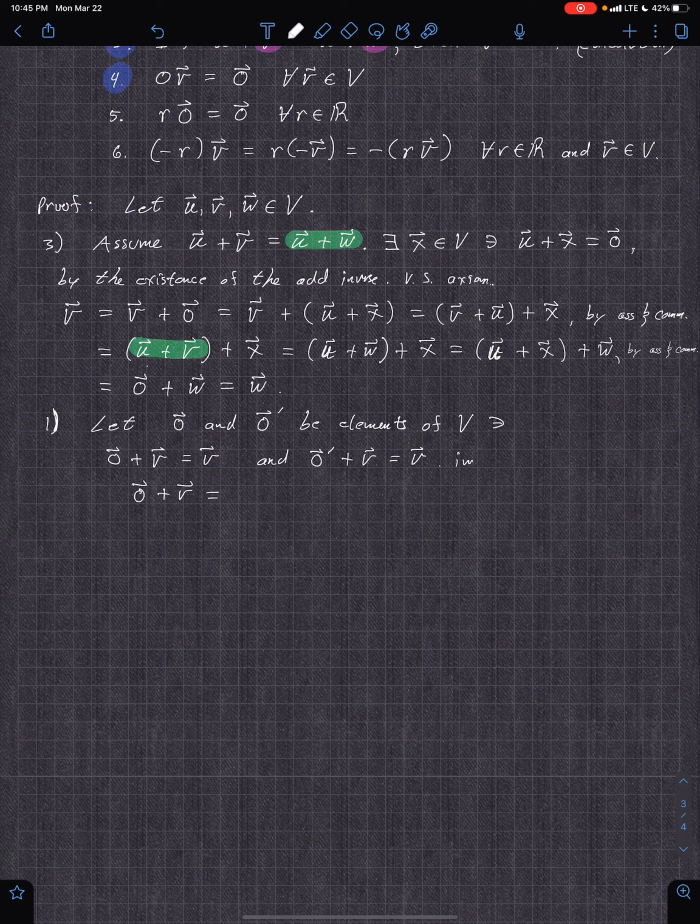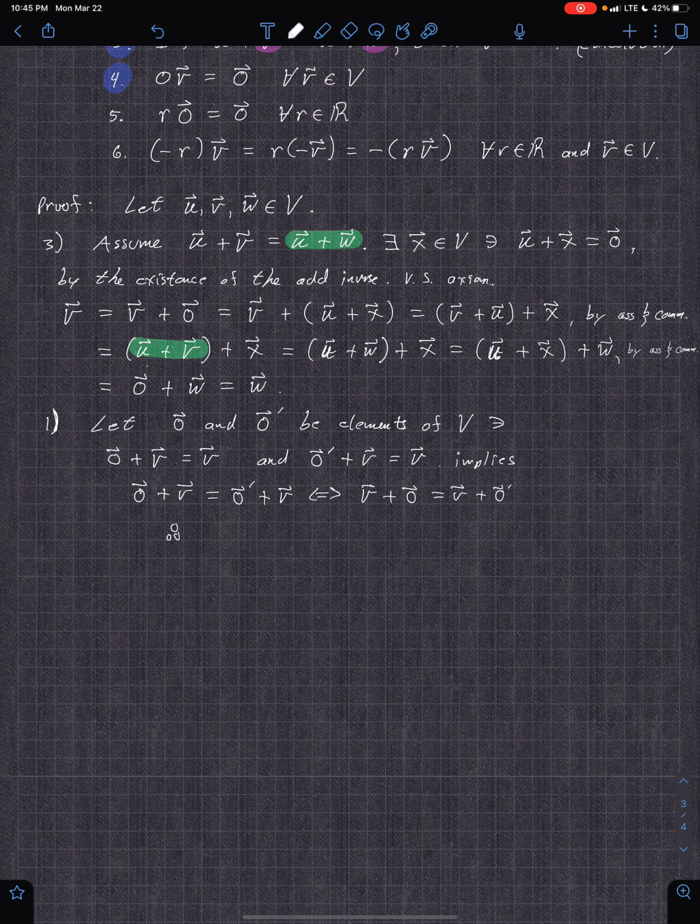So that implies 0 plus V is equal to 0 prime plus V. I can commute those and put it in the right order: V plus the 0 vector is equal to V plus 0 vector prime.